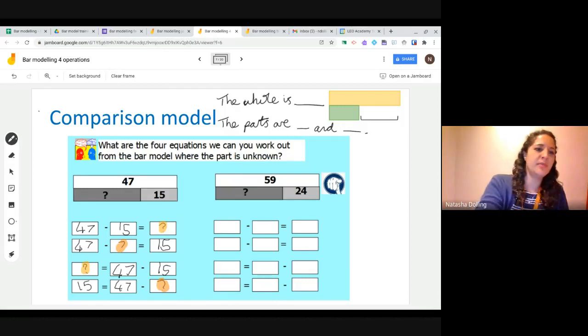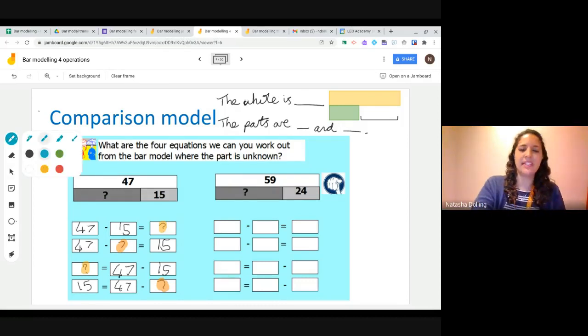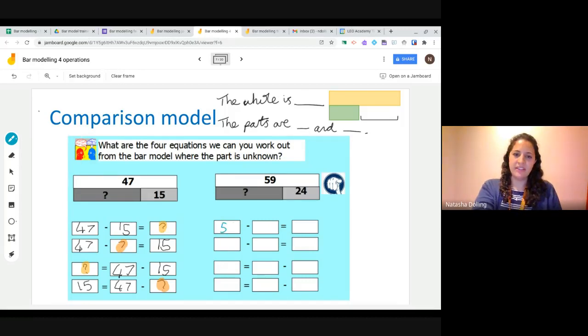Okay, so we've got some answers coming in. Let me just write some of those in. Our first example, 59 take away 24 equals question mark. And that is probably what children are most familiar with for this type of problem. I think we all agree 59 take away 24 equals question mark. We then have 59 take away question mark equals 24.